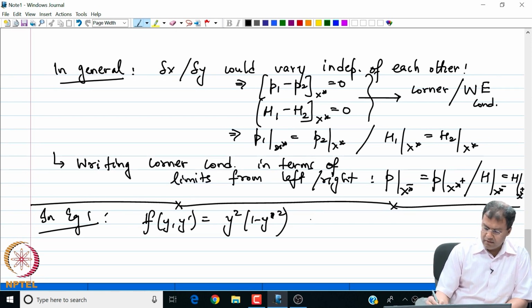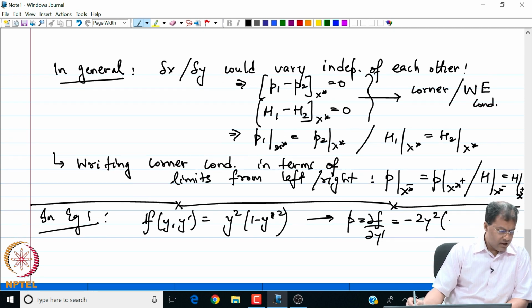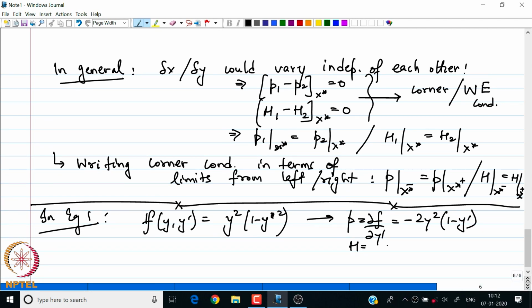In this case my p, which is partial f partial y prime, will be equal to negative 2 y square y prime, and my Hamiltonian h is y square times 1 minus y prime square.